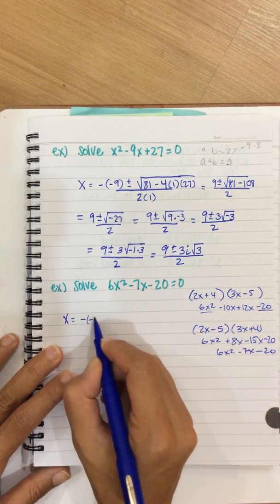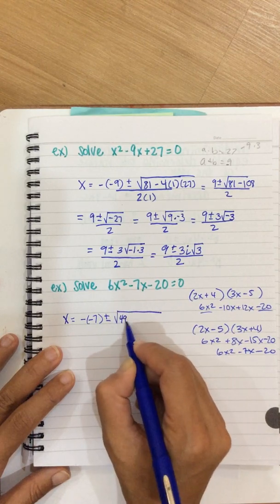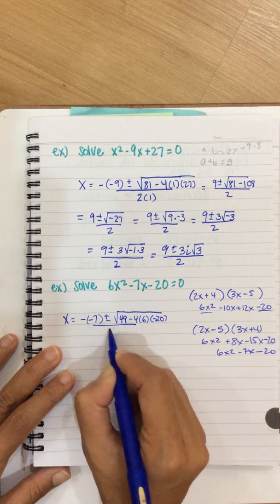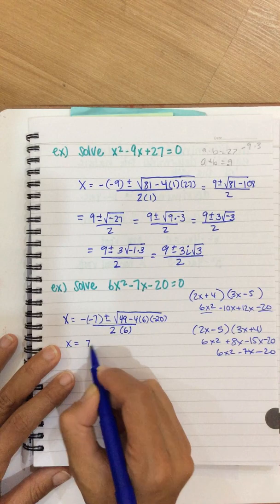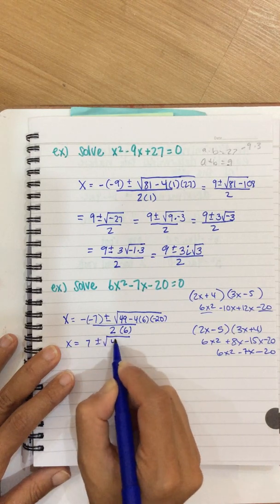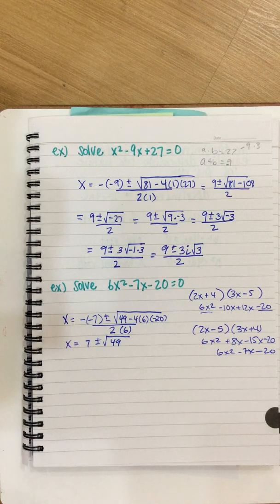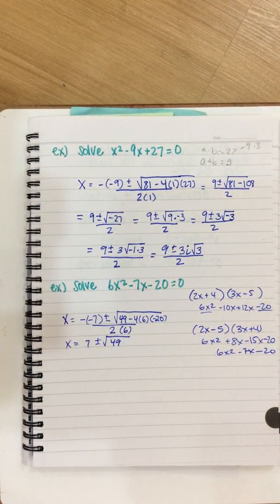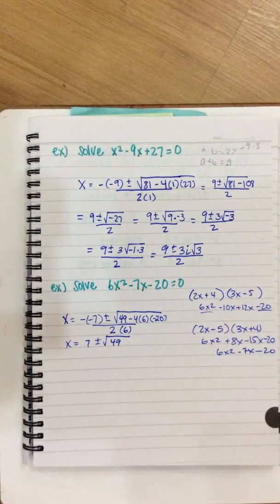Negative b, so negative 7, plus or minus the square root of b squared, that's 49, minus 4 times a times c, all over 2 times a. So x equals 7 plus or minus 49, and all that comes out to, of course I didn't do it, 4 times 6 is 24, and 24 times 20, 480.